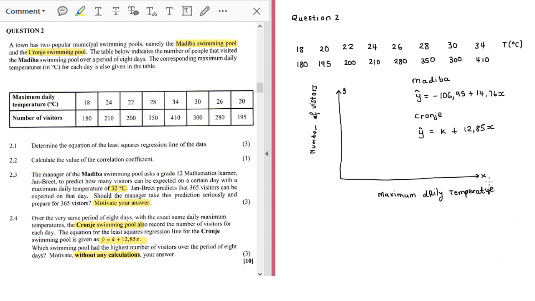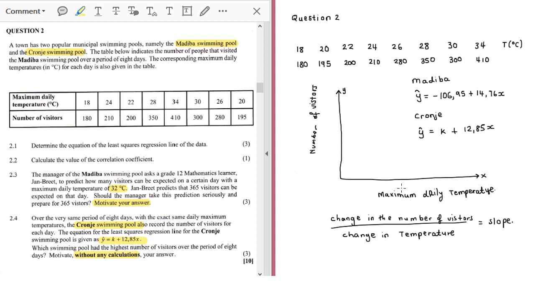A rate of change for us would be dy over dx, or basically the change in the number of visitors over the change in temperature. That is equals to the slope.